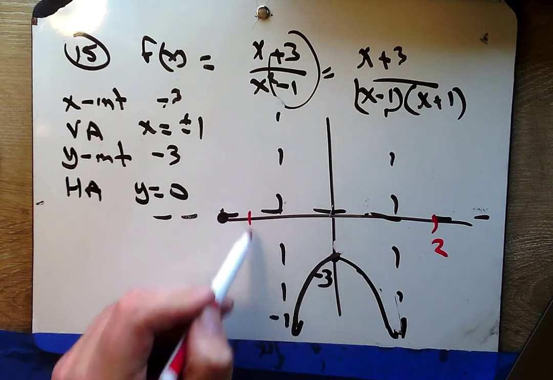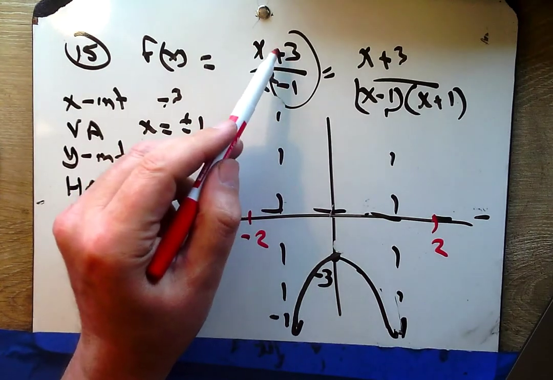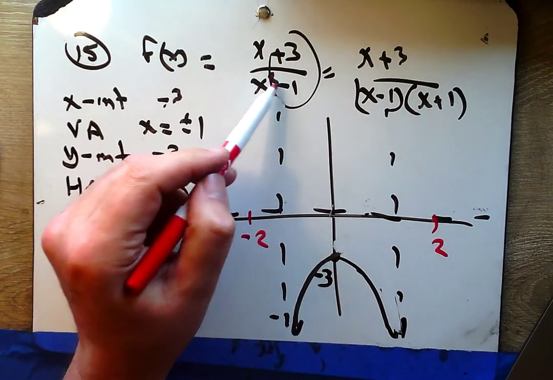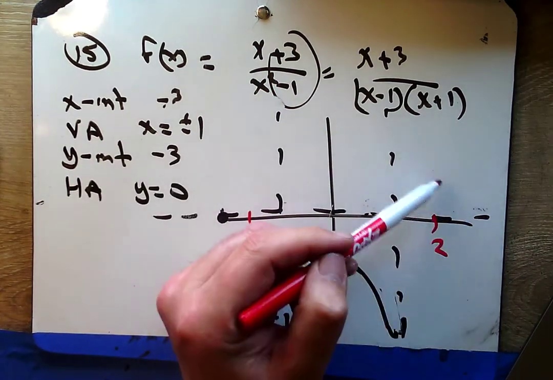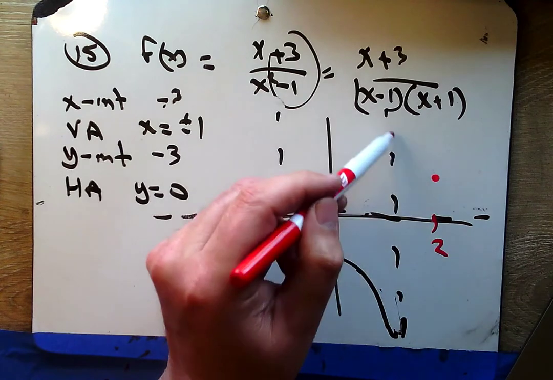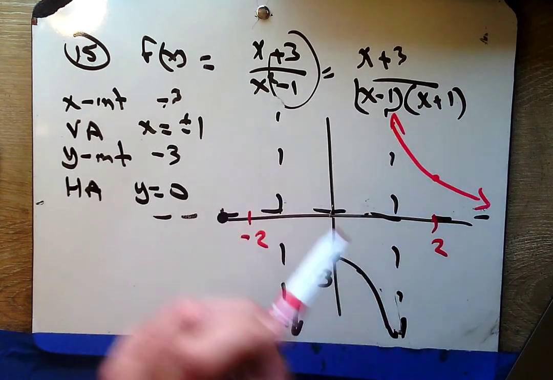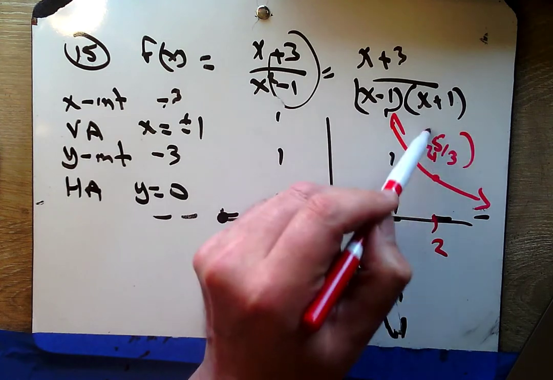That's negative 3. I'm going to plot negative 2. If I plug a 2 in there, 2 plus 3 is 5. 2 squared is 4. 4 minus 1 is 3. 5 over 3 is up here, not below. Those would be negative numbers. So I've got 5 over 3.